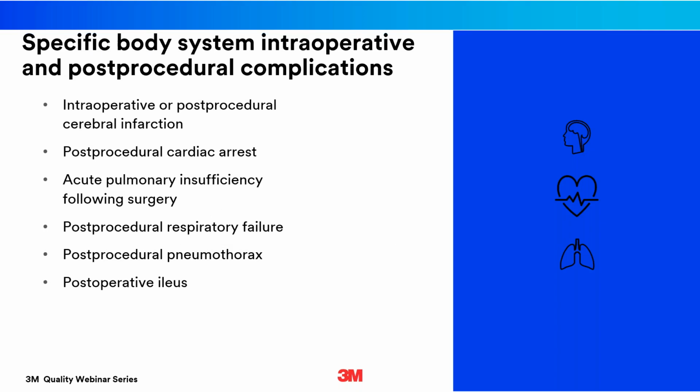In addition to those commonly seen ones throughout all of the body systems, there are also specific complication codes available within each body system, specifically for that body system. So you'll see cerebral infarction, a complication code for intraoperative or post-procedural cerebral infarction, and post-procedural cardiac arrest.